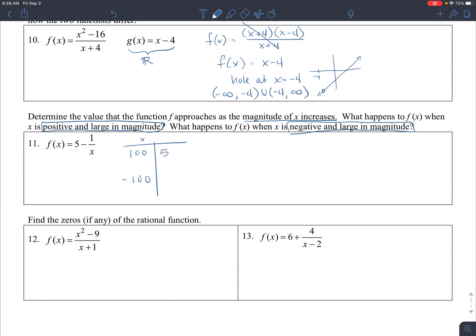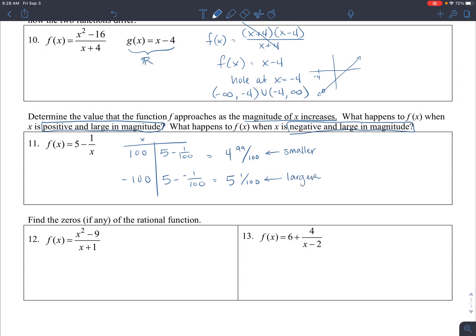So we're going to have 5 minus 1 over 100 and 5 minus negative 1 over 100. Just for the sake of this one problem, mixed numbers are fine, so this is going to be 4 and 99 over 100, whereas this is going to be 5 and 1 over 100. Comparing these two values, this one is slightly smaller than this one, which is slightly larger.